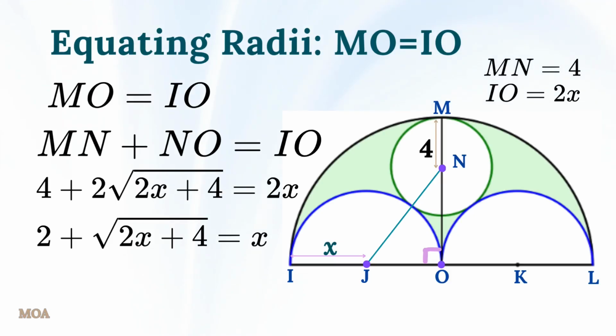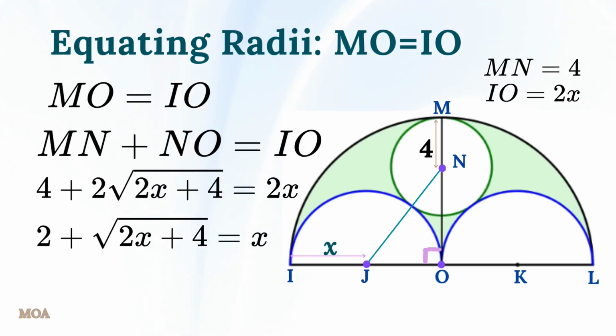MO equals IO, since MN plus NO equals MO, which equals IO. By substituting each term, we get 4 plus 2 times the square root of the quantity 2x plus 4 equals 2x. Simplifying by dividing both terms by 2, this yields 2 plus the square root of the quantity 2x plus 4 equals x.